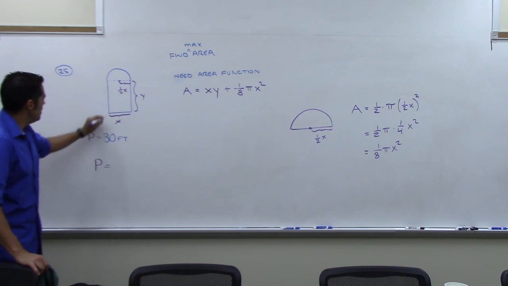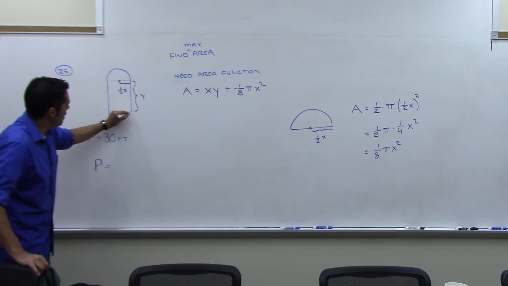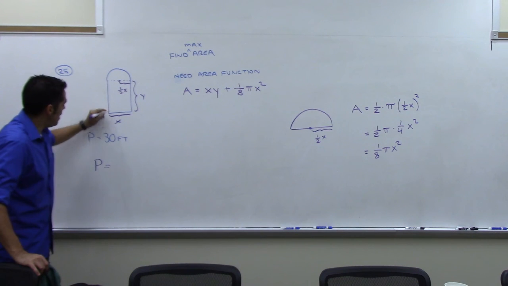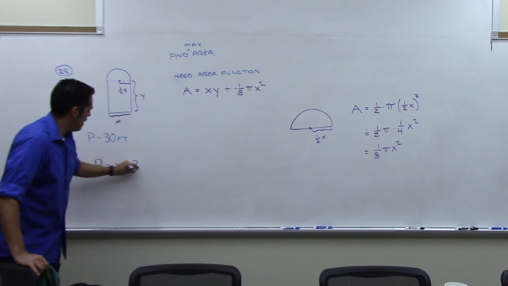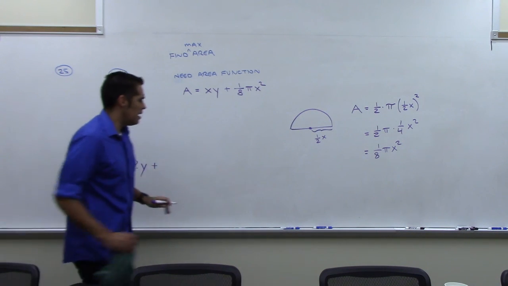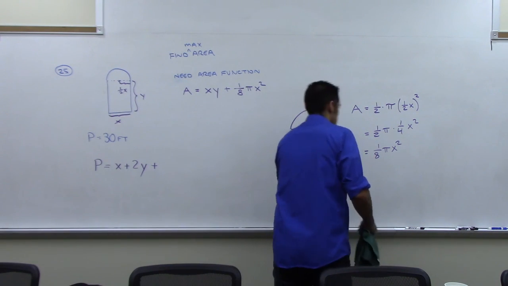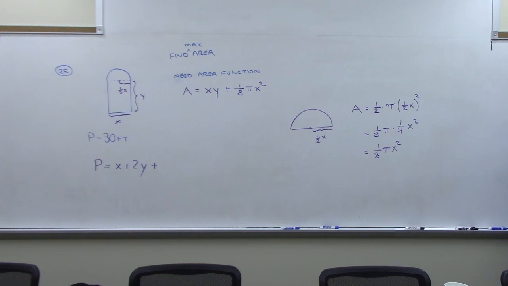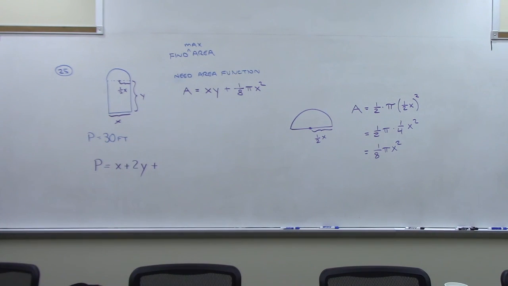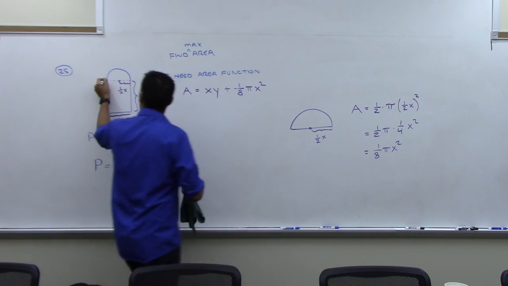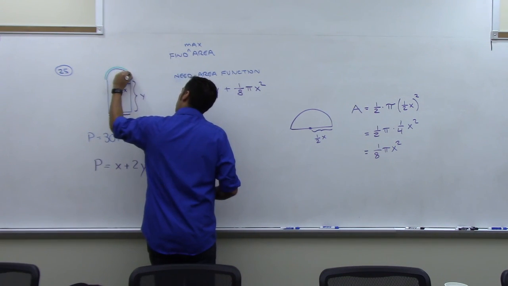The perimeter is, well, I've got to go x, right? I've got to go y, and I've got another y on this side. So it's x plus this y and this y, that's 2y. Plus, I've got to include the outer edge, the top edge of the semicircle. So I've got to include this, right?